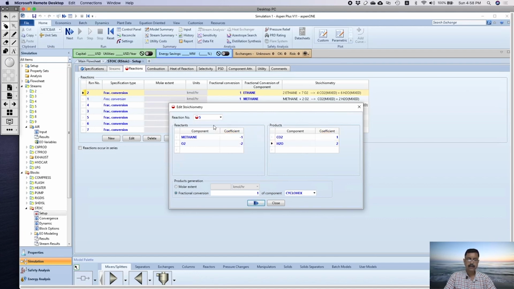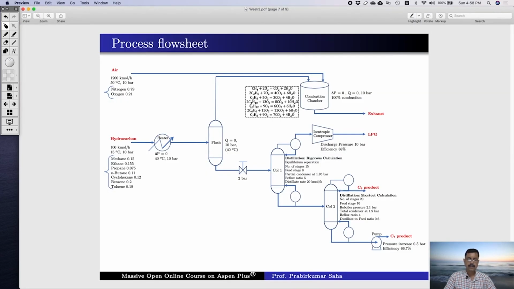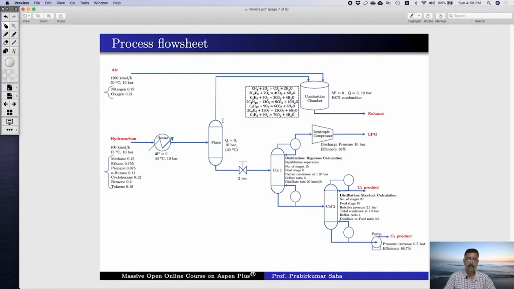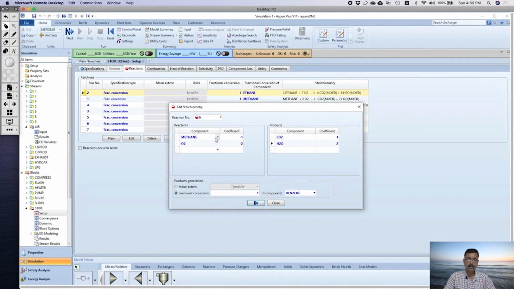Reaction 5, cyclohexane, 1, 9, 6 and 6. Component of cyclohexane. Number 6, benzene, 2, 15, 12, 6.